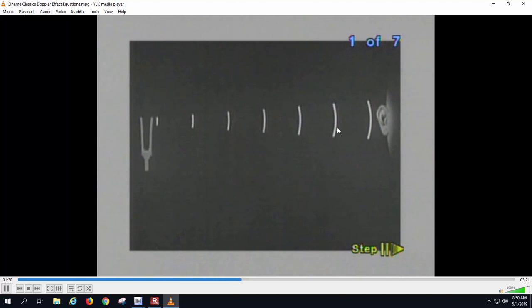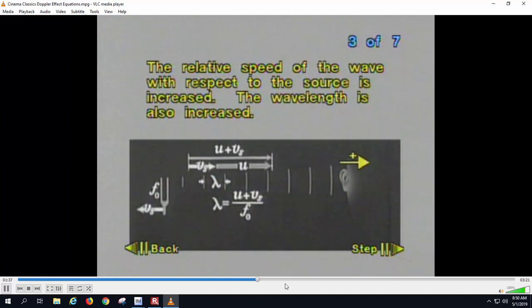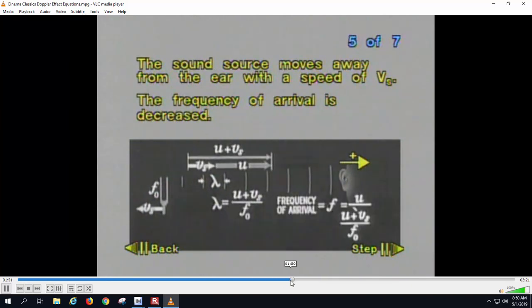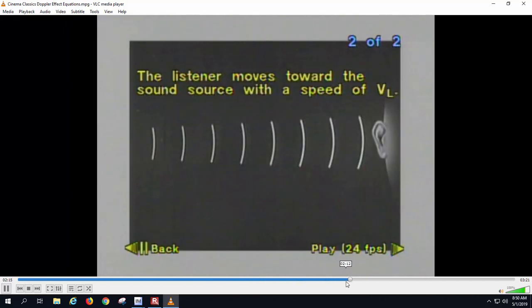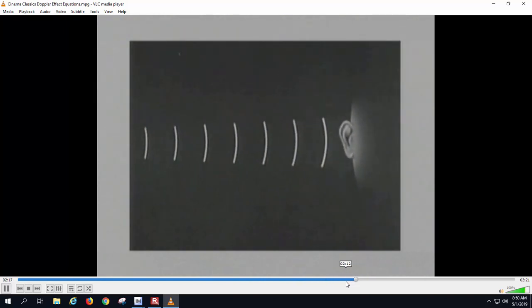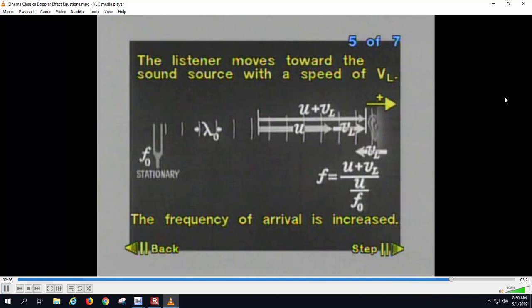If the source moves away from your ear, you hear a lower pitched sound. The waves are not arriving at your ear with the same frequency. As the listener moves toward the sound, its apparent frequency increases. That's our moving observer.